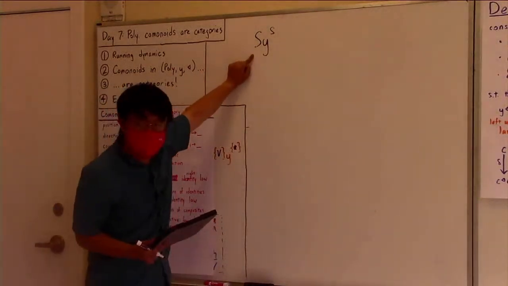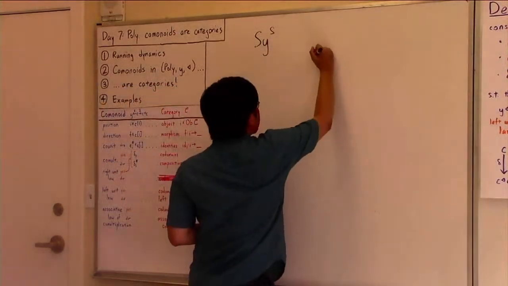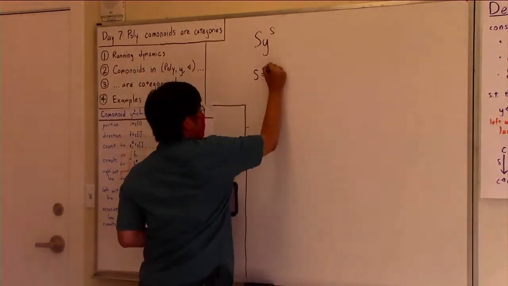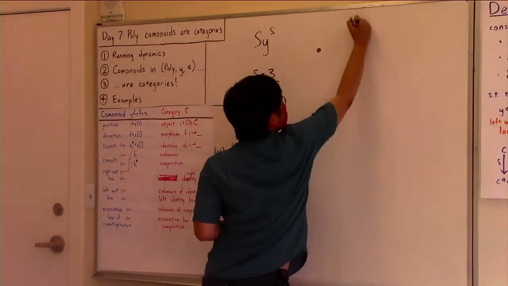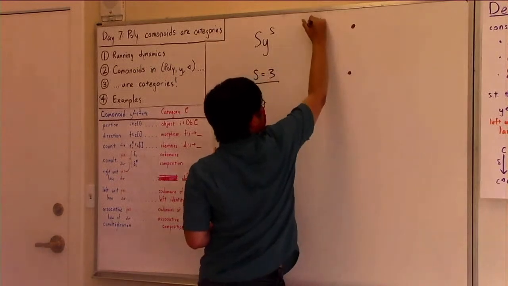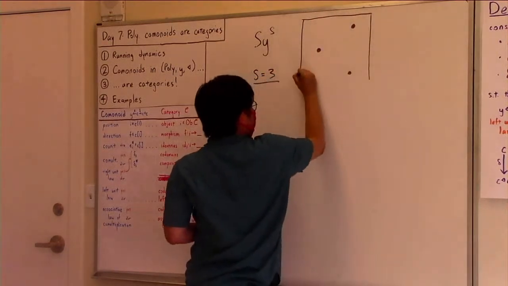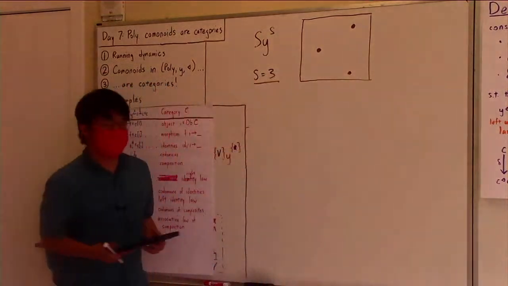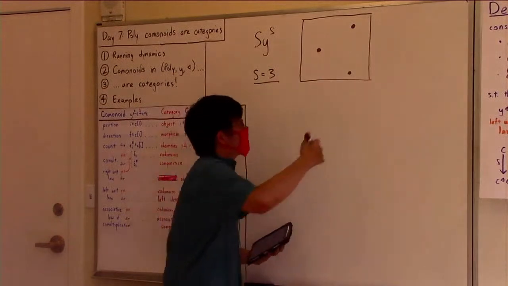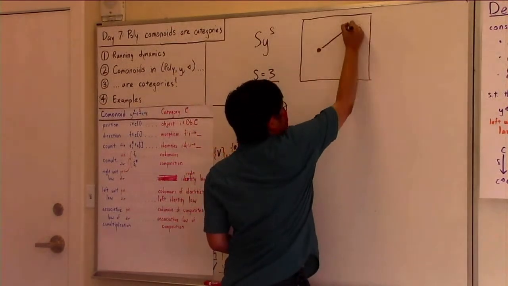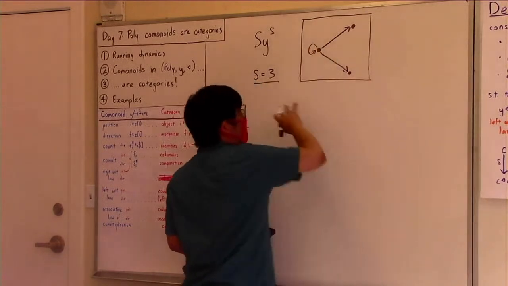This has S many objects. And again, let's actually let S be 3 this time, just for variety. Has S many objects, with 3 objects, and out of each object, there are 3 morphisms. And if you think about the kind of pictures we were drawing, the morphisms are going to go to every other object.